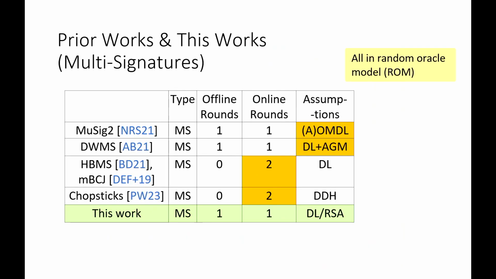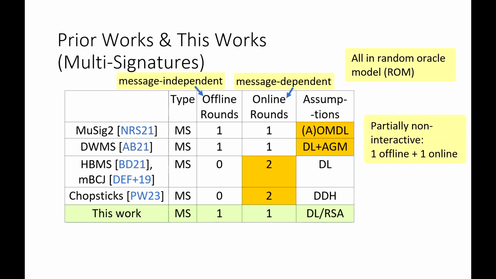So let's start with the multi-signatures. Before that, note that the security of all the schemes we present here, including our own, is proved in the random oracle model. Here, the offline rounds refer to the rounds that are independent of the message, and the online rounds refer to the message-dependent rounds.